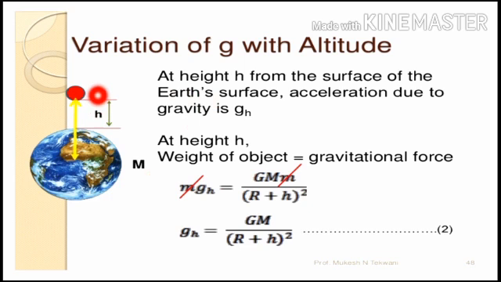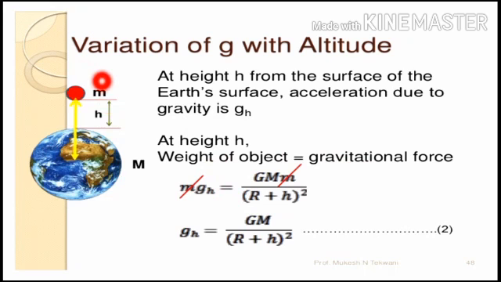Your object is not at the surface of the earth, it is at some altitude, some height, that is small h. So the weight of the object will equal the gravitational force.